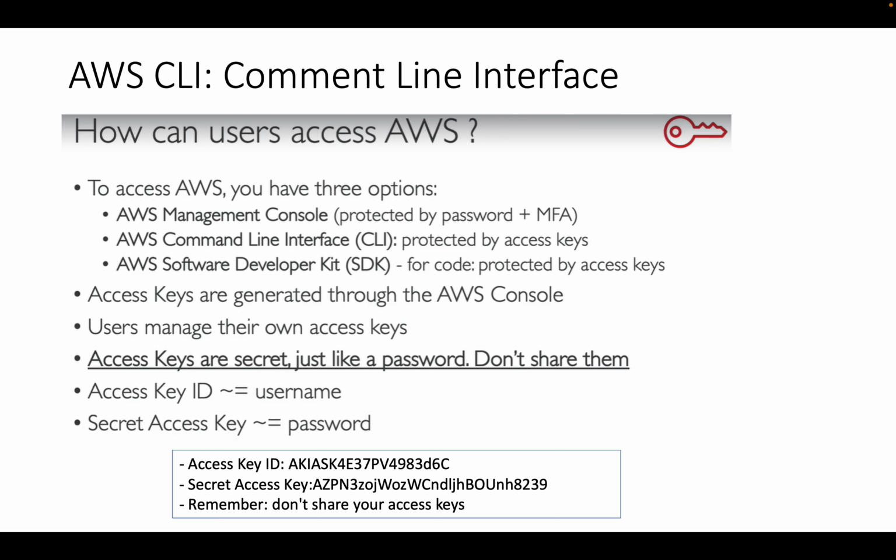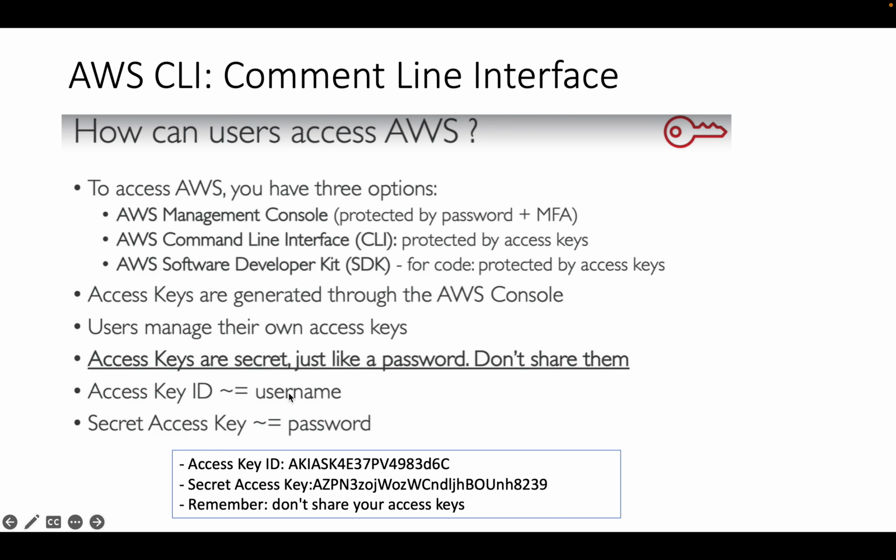The access keys are generated through the AWS console, and as a user we can manage our own access keys. Access keys are secret, just like a password, so you don't share them with anyone. This is very confidential.